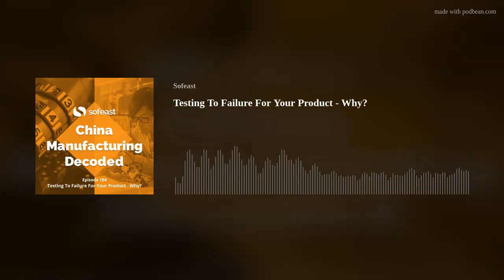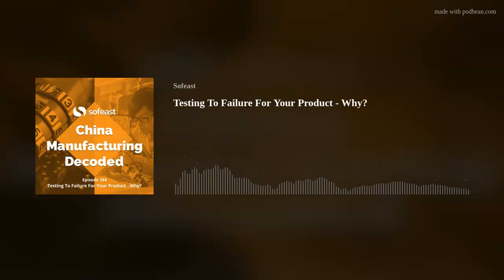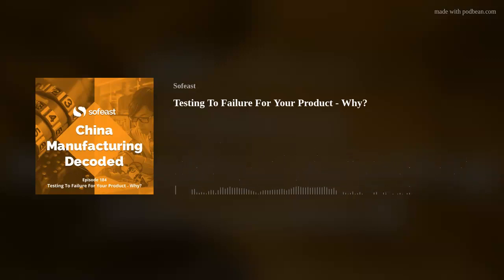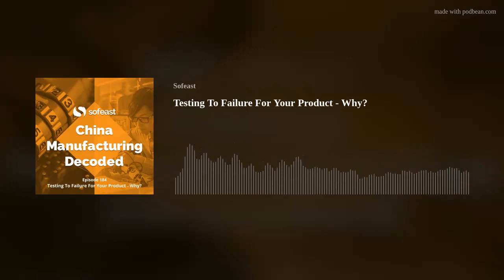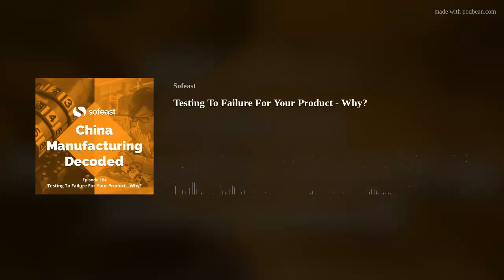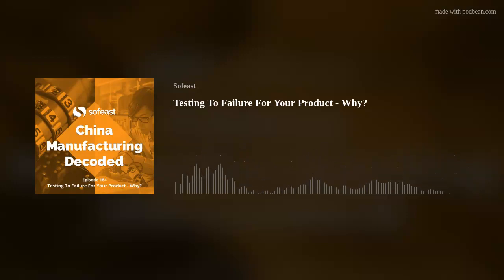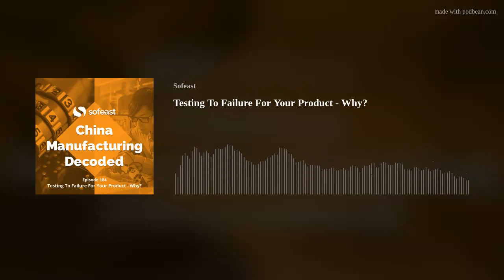Of course, it poses all kinds of challenges for designing and manufacturing these sorts of products. But one of the things that most electronic companies are doing nowadays is making sure they do some sort of test to failure for their hardware. And in fact, you could do similar for software as well. By doing this, you're really trying to find the limits of your product.